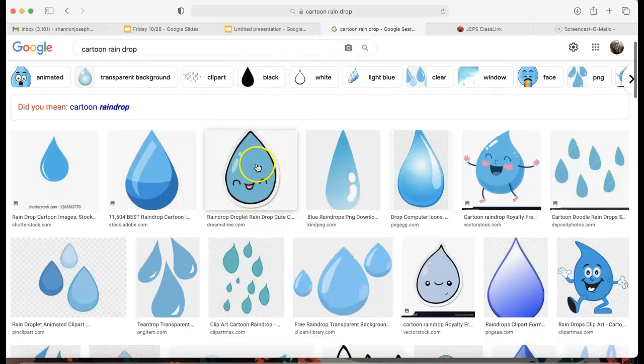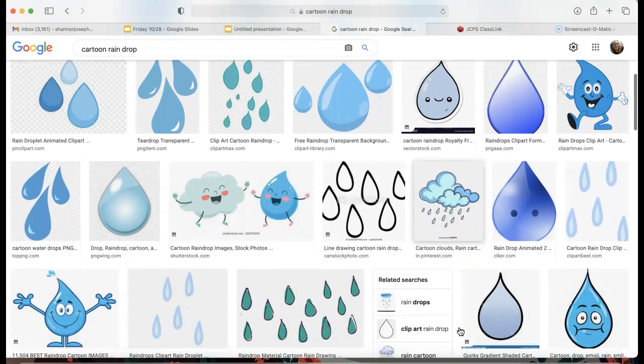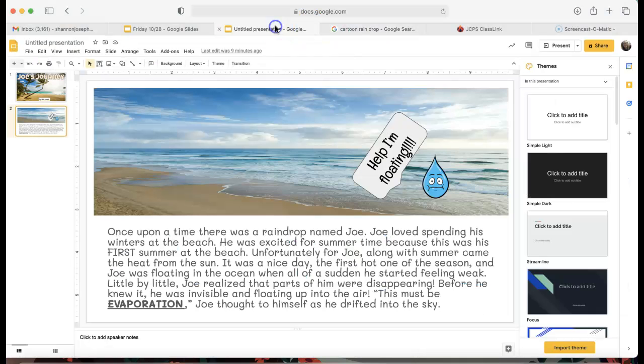There's happy ones, there's dancing ones, there's this one, I don't really know what he is. But I chose that guy, who looked a little scared, right? He's like, what's happening? So I copied and pasted him over right here.